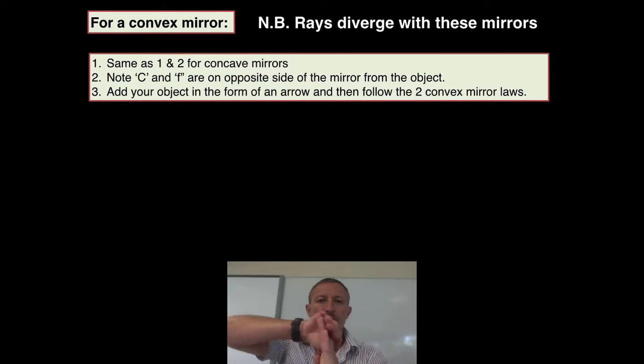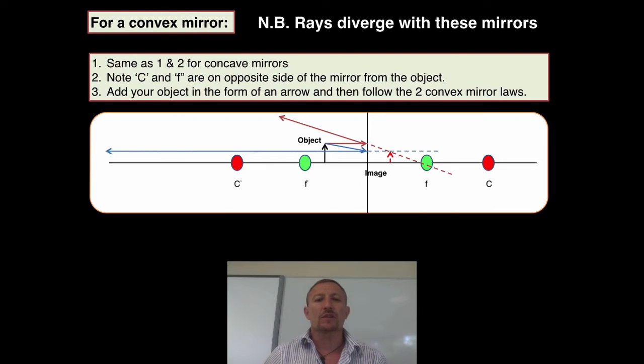So remember, mirrored surface here, object here, and because we've got a curve here, our center of curvature exists on the far side. Okay, now when we draw our diagram, you can see I've got C dash and F dash. That just gives me an indication of what I would call the far focal point and the far center of curvature. But it's the F and C on the right hand side which I am particularly interested in.